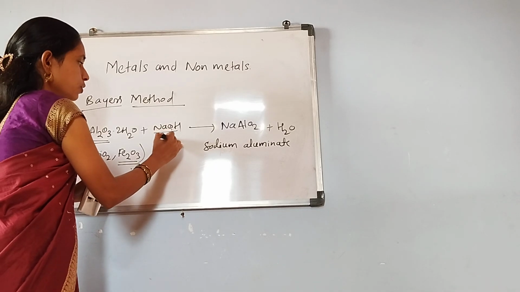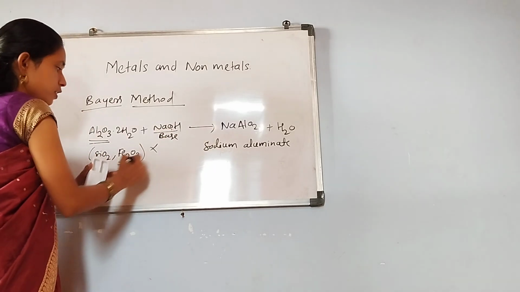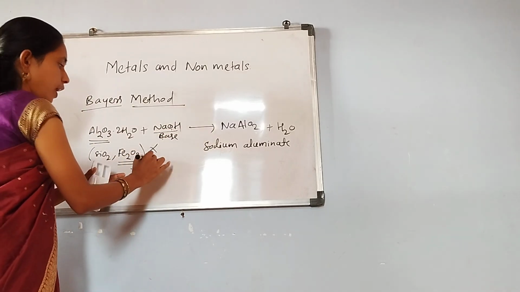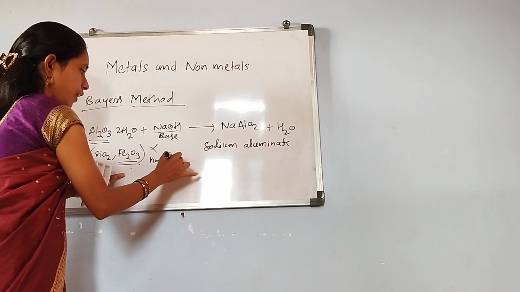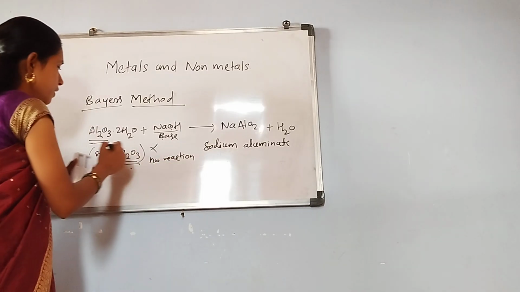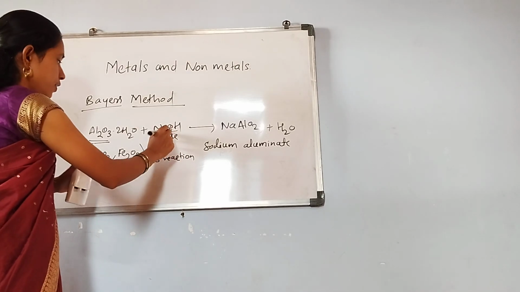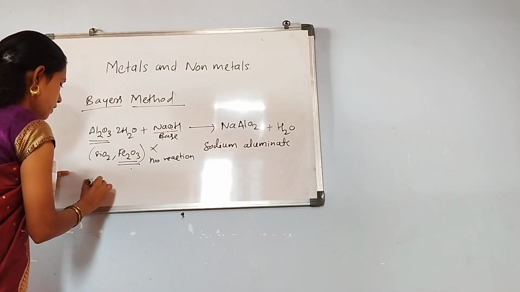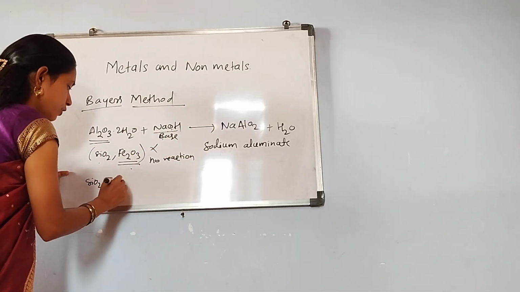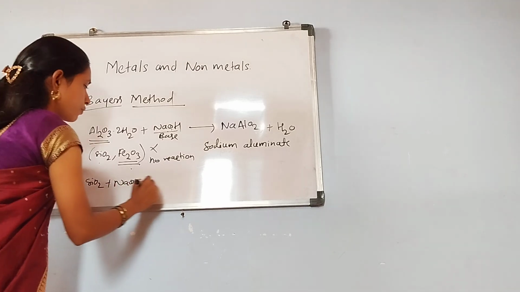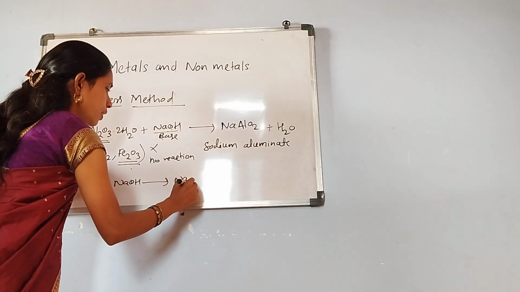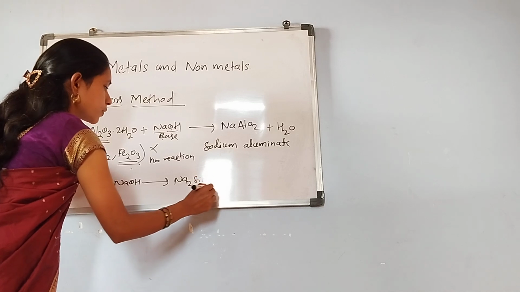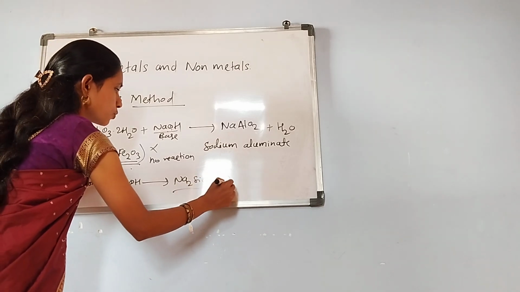This is also a base, no? So it is not reacting with this iron oxide. There is no reaction between them. And if SiO2 is reacting with the sodium hydroxide, then what does it form? SiO2 is an acid, so it reacts with the base NaOH and forms Na2SiO3. This is also an aqueous solution.